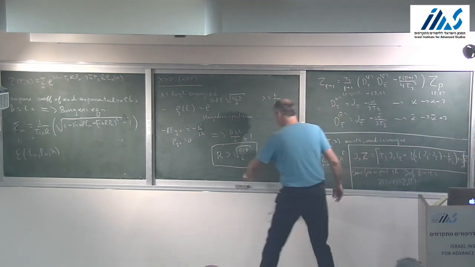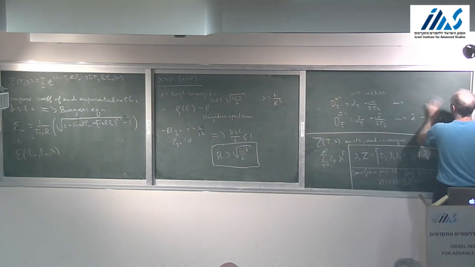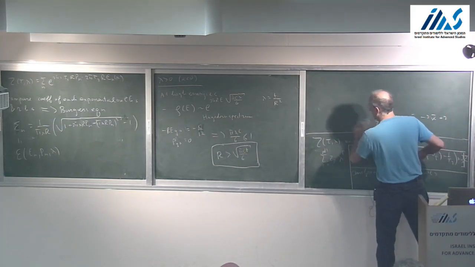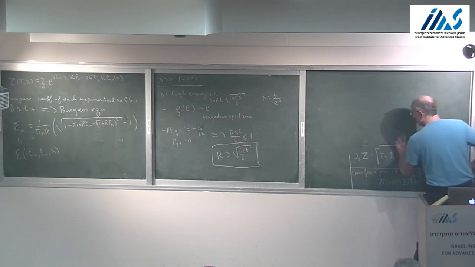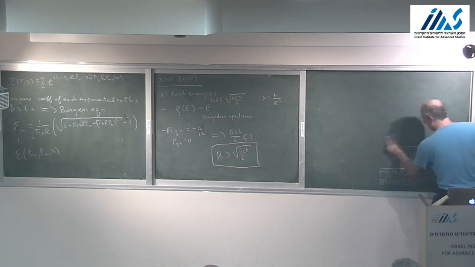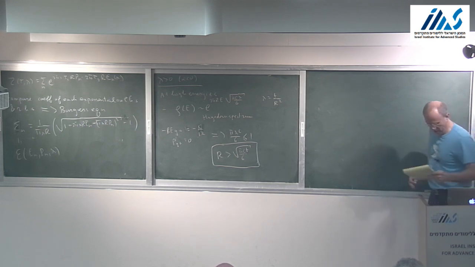So that's one thing. But then there is also another thing that we need to worry about, and that is that the partition sum does not converge because of the Hagedorn behavior of the spectrum.